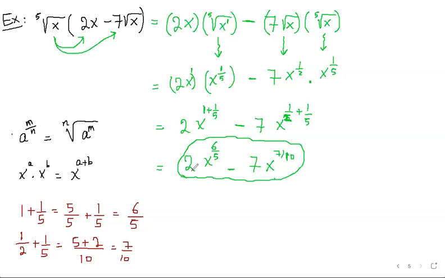Okay. So now let's give you another example. How do we solve something like that, 2x plus square root of y, by using the special property formula?